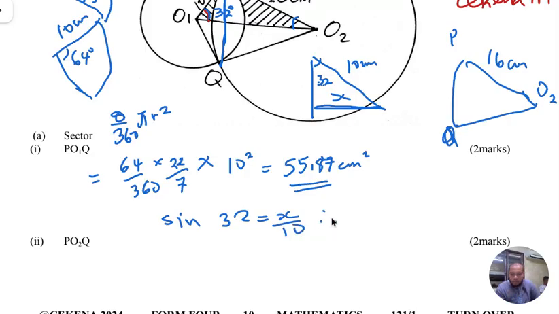So x equal to 10 sin 32, yakupa 5.299. Sawa.